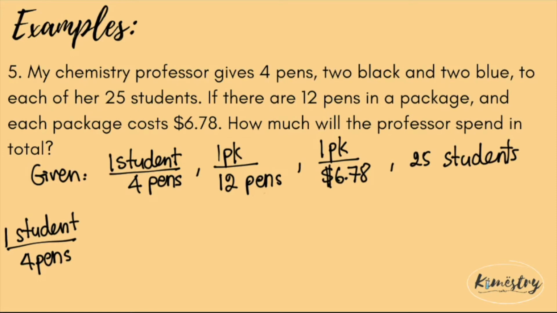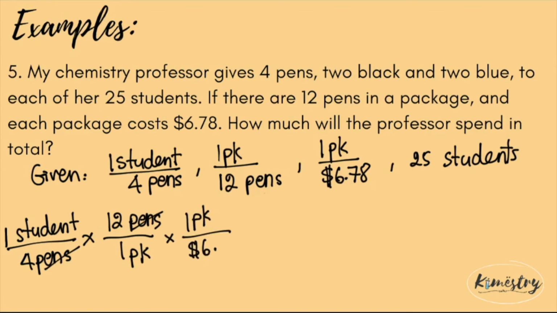In that case, I need to make sure to find a way to cancel out student and pens and get dollars on the top, because if I get dollars on the bottom, I'm not going to get something in dollars, but I've got something no unit per dollar, which is not what I want. So 1 student for 4 pens, I can cancel pens. For example, I can use 12 pens per 1 package. Pens got cancelled. Then I also cancel package, so 1 package per $6.78, package got cancelled.